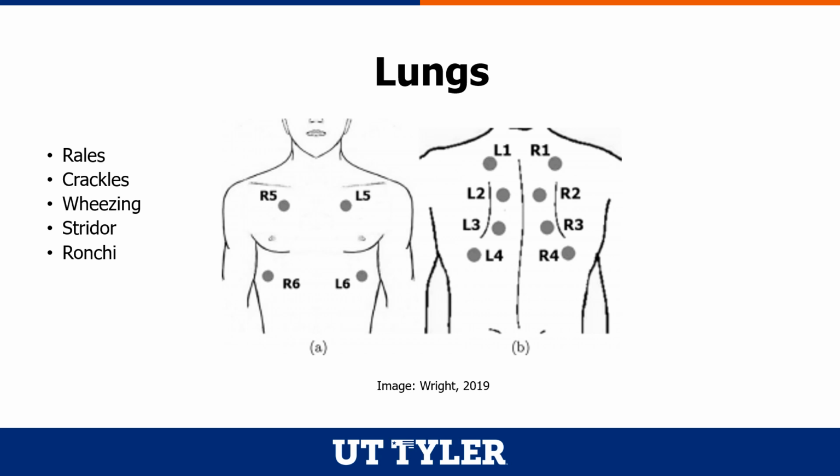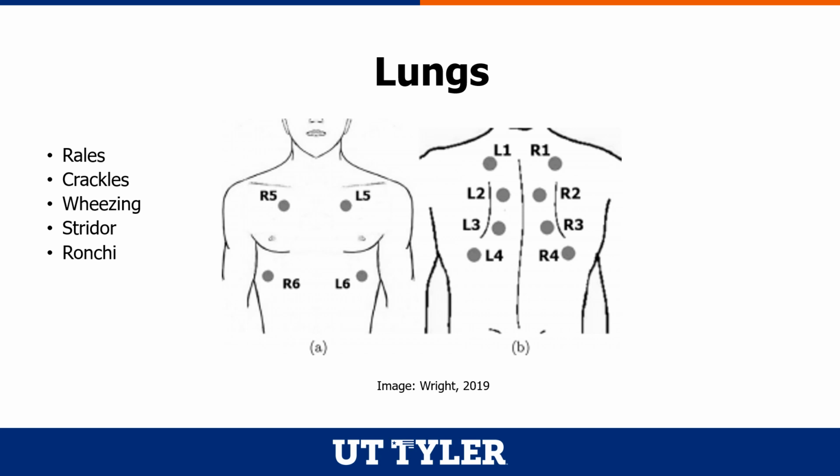If you'll notice the dots here where it shows the back, those are the places where you'll best be able to hear the sounds. So on the back, you're not going over the shoulder blades, you're not going over any bone, you're not going over the spine, and in the front also, if there's breast tissue, you're not going over the breast tissue and over muscles, but you're getting it at the narrowest point of the chest and back.